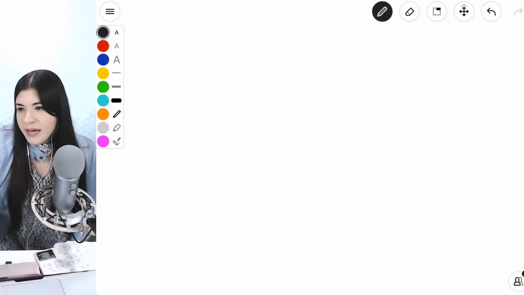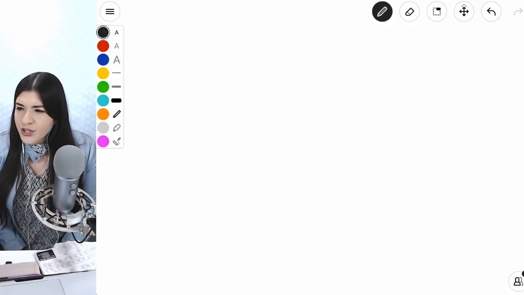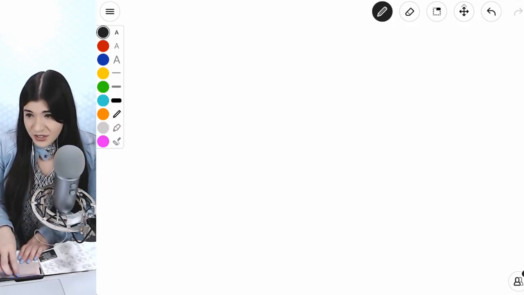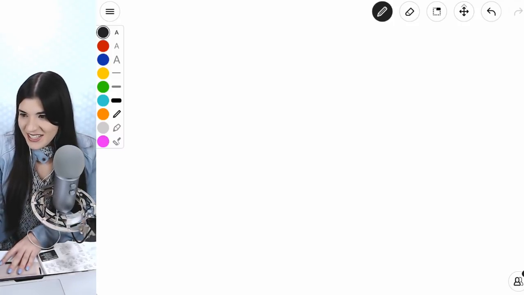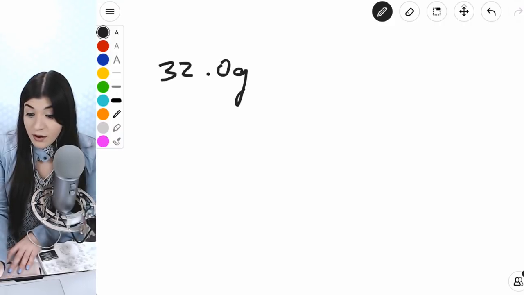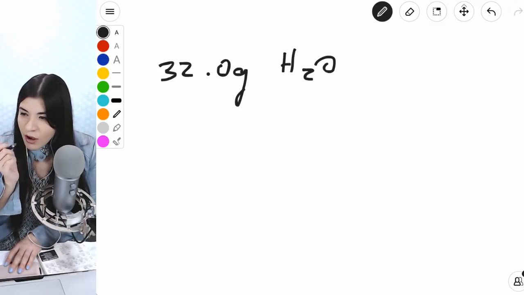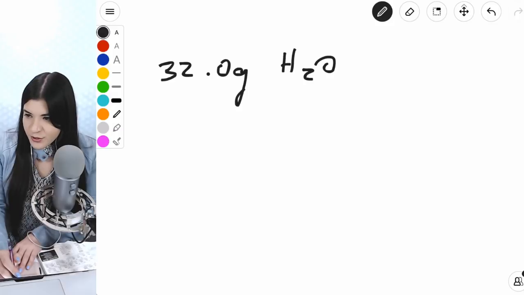Okay. So Amanda asks, in a reaction in a calorimeter, the temperature of 32.0 grams of water increases. And let's start writing this down. So in a reaction, we have a temperature. Oh, actually, we have our grams first. So 32.0 grams of water increases from, and this is our change in temperature.